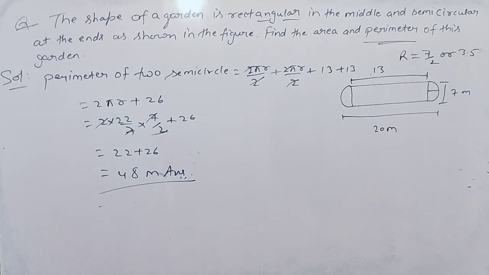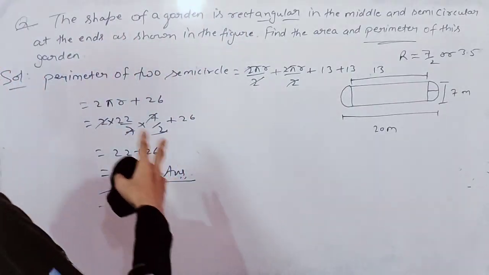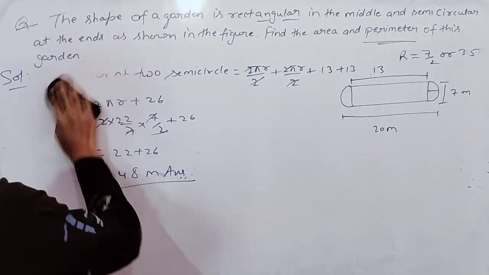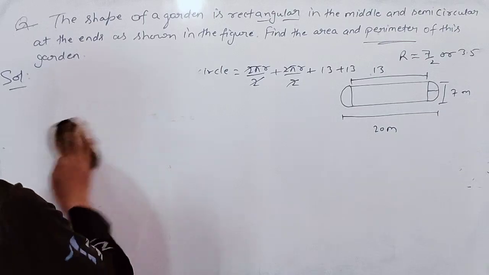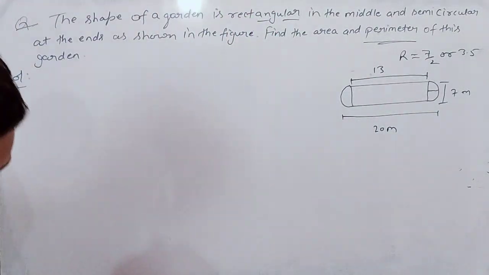Now next. Next is what? Total area of this garden. Total area.